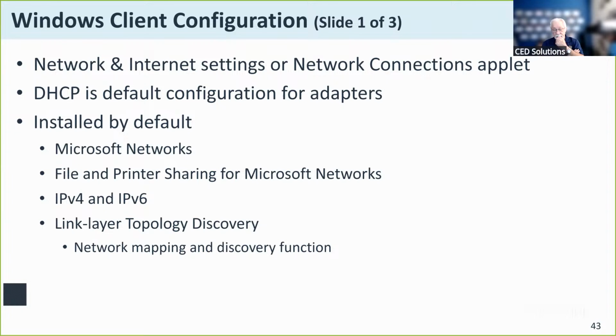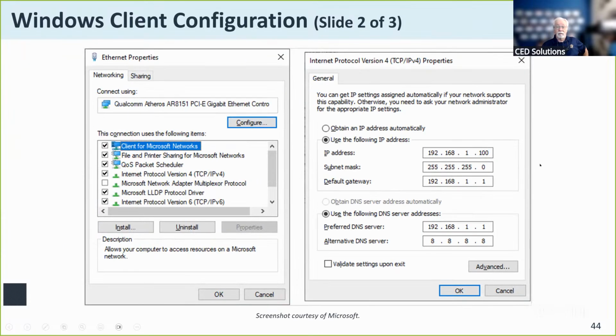It will automatically set up things such as, for instance, we talked about the APIPA configuration, the automatic private IP addressing. And remember, those always start with 169.254. And remember also, the reason you get an APIPA address is because for whatever reason, your system could not make contact with the DHCP server.